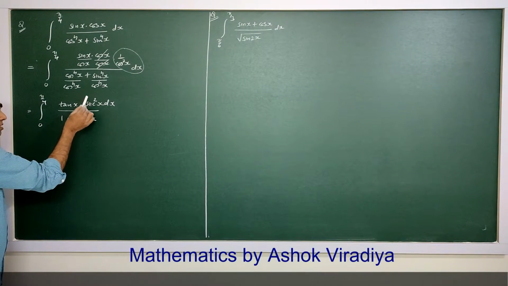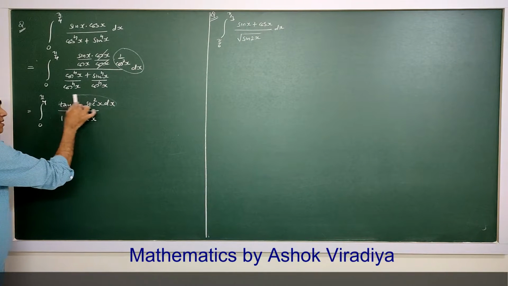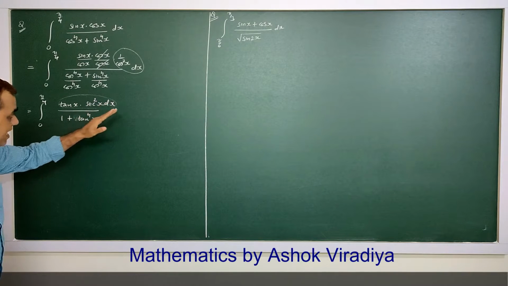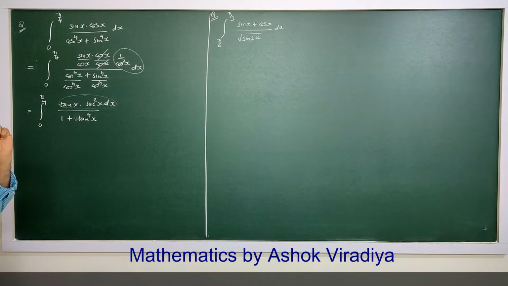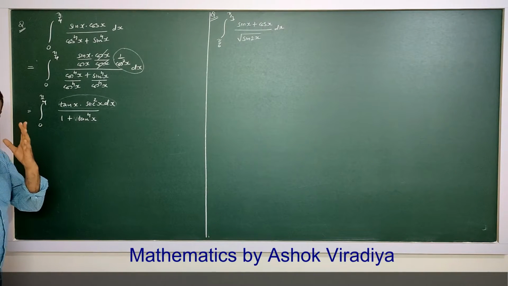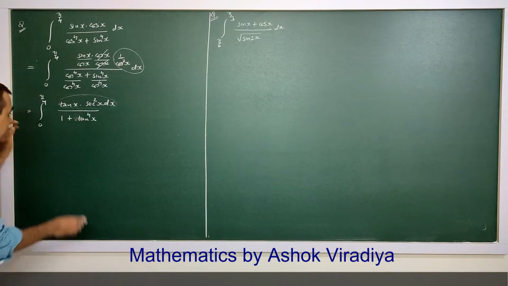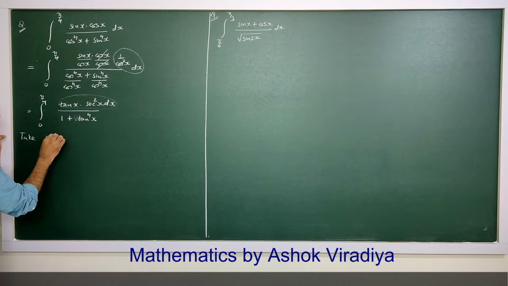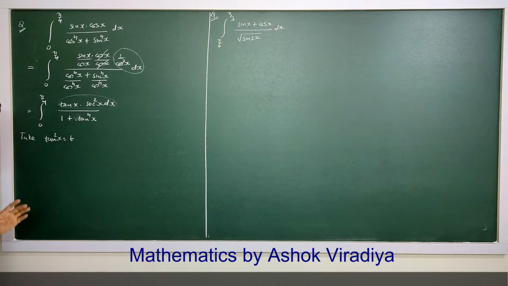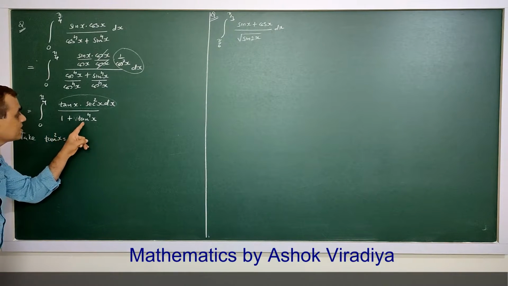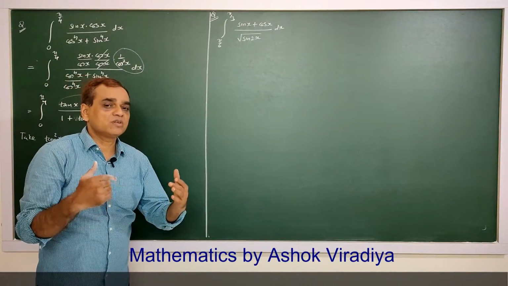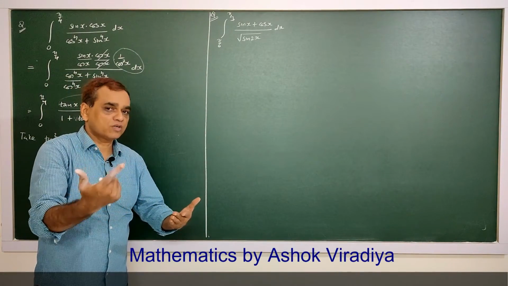If you observe this part in the numerator, if we want to remove this tan x sec square x with dx, then we have to substitute tan square x equal to t. So here if we take tan square x equal to t, this will be 1 plus t square, because in any formula we don't have raised to 4.